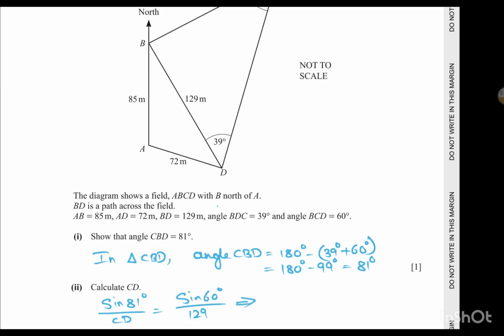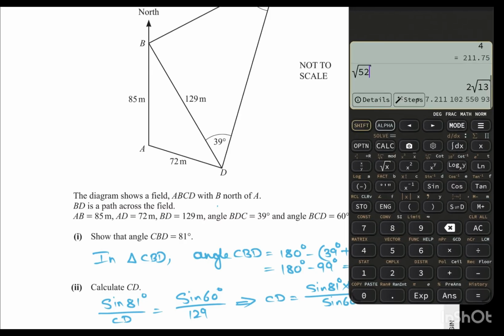If I cross multiply, CD is equal to sine 81 into 129 by sine 60.